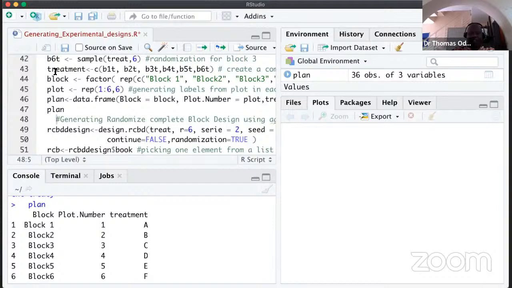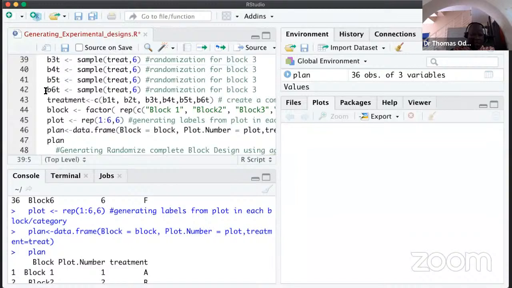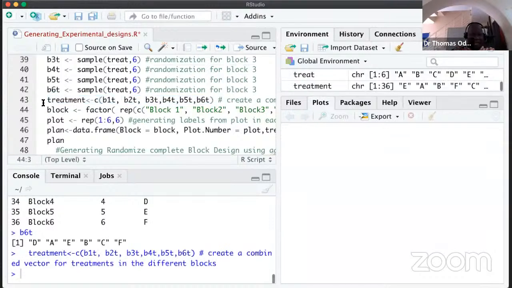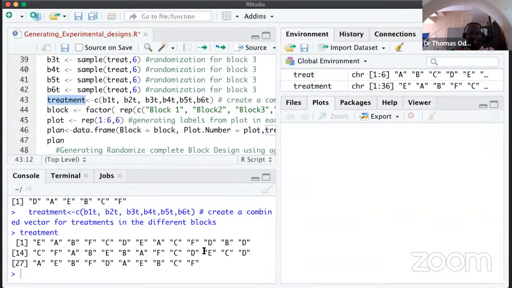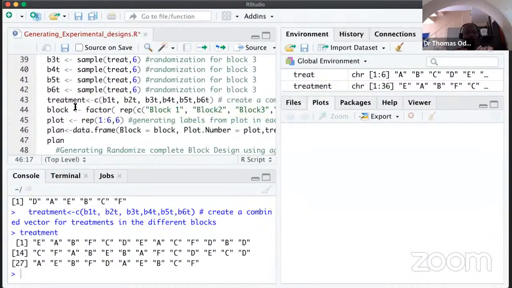So what we need to do first of all is this. We have no problem with this. What we have here is our ABCD. So once we created this treatment here, let's look at it. This is perfectly okay. So the next thing that we need is our block to run from 1. We need block 1, 1, 1, 1, six of them, block 2, 2, 2, 2, six of them.